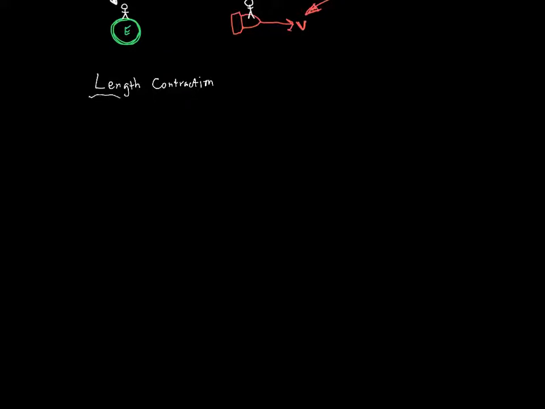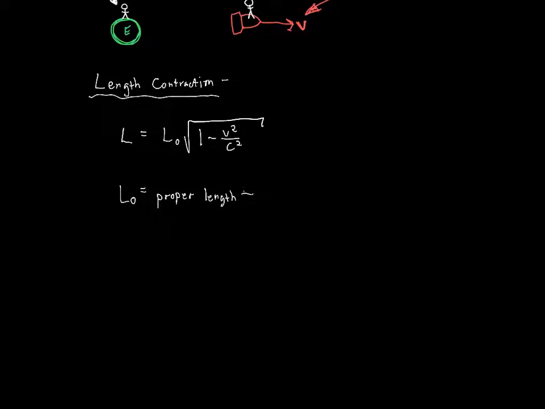Now in length contraction, we have a similar effect happening where some length is equal to L naught times the square root of 1 minus v squared over c squared. And in this equation, L naught is the proper length. And this is length measured between 2 points by an observer that's at rest relative to both points.